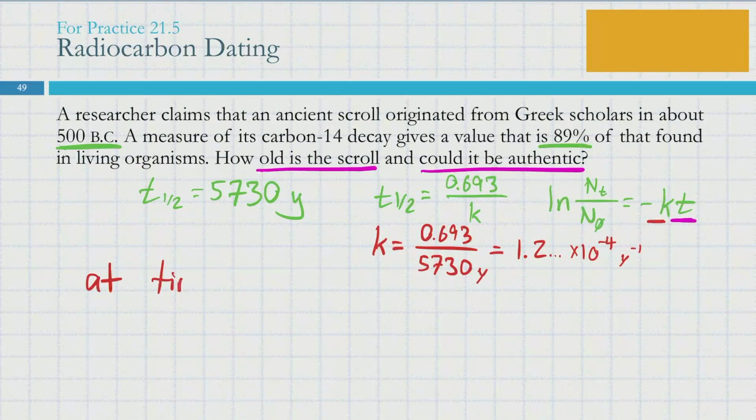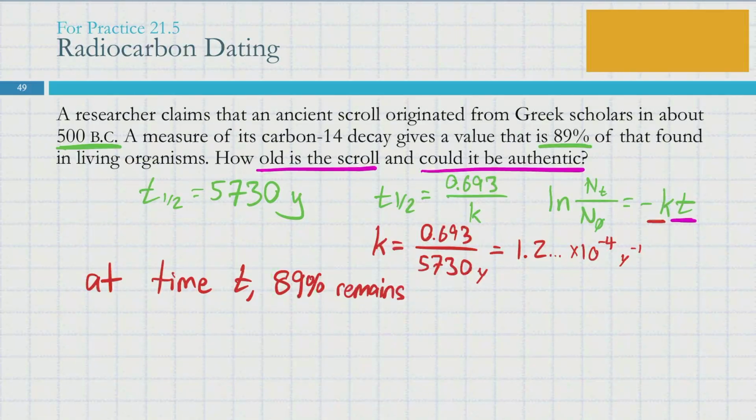So at time t, 89% remains. All right, that's what we're saying. We are at time t, or we are t years in the future, and we've got 89% from when it stopped absorbing new material, this scroll.